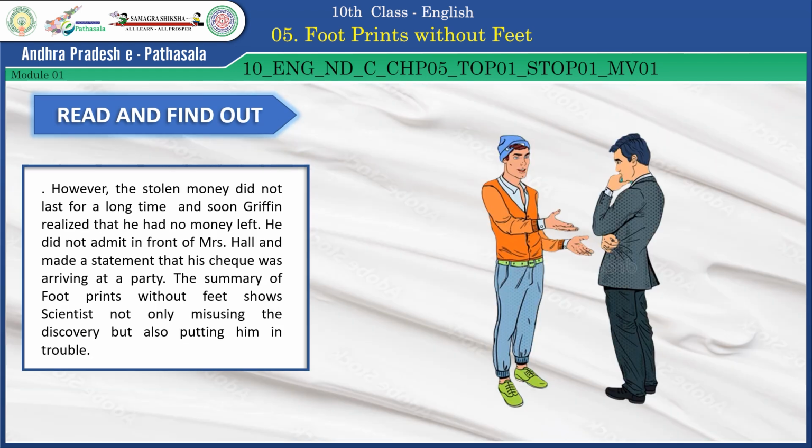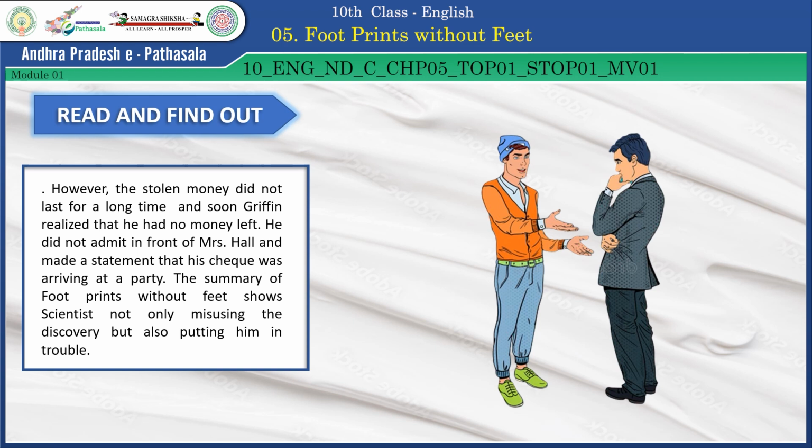However, the stolen money did not last for a long time, and soon Griffin realized that he had no money left. He did not admit it in front of Mistress Hall and made a statement that his cheque was arriving at a party.